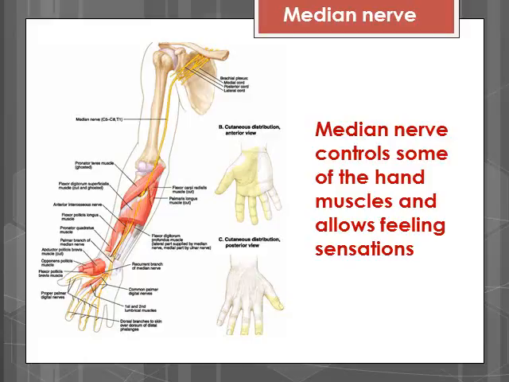Its cutaneous distribution in the hand: it supplies the lateral 2/3 of the palm of the hand, also the palmar aspect and the nail beds of the lateral 3.5 fingers. The median nerve, by this distribution, controls some of the hand muscles and allows feeling sensations.